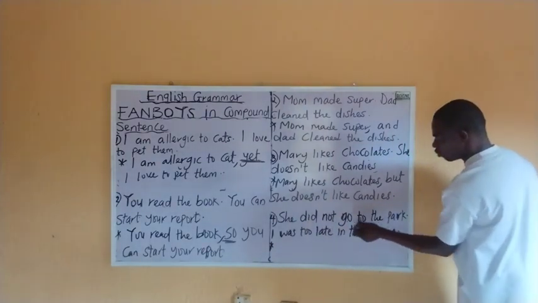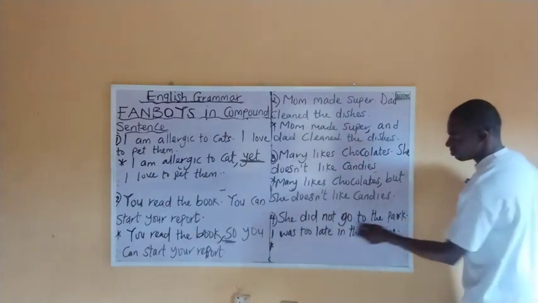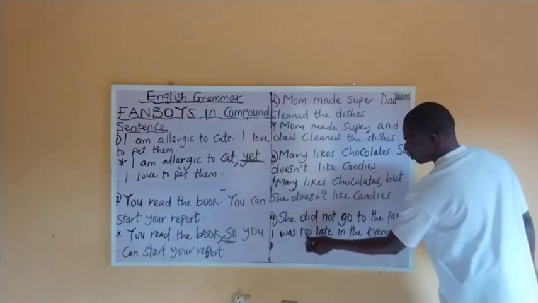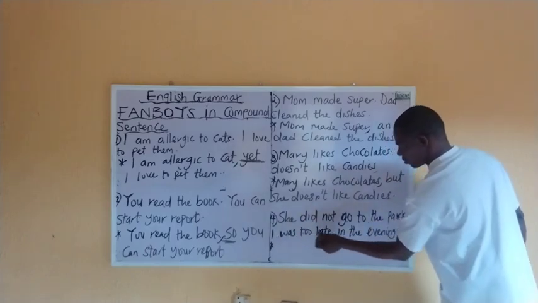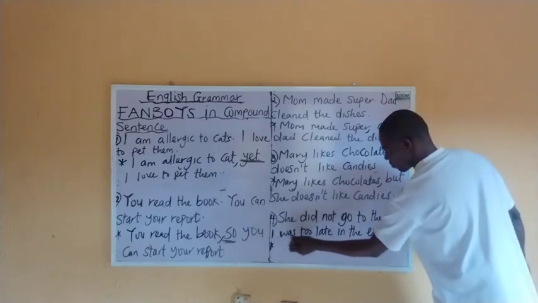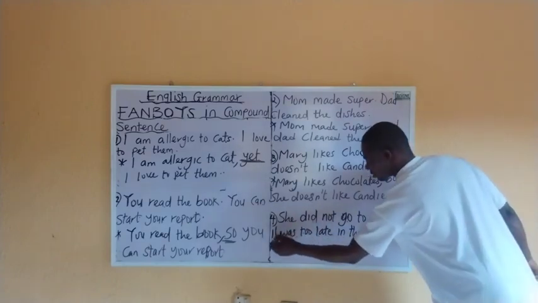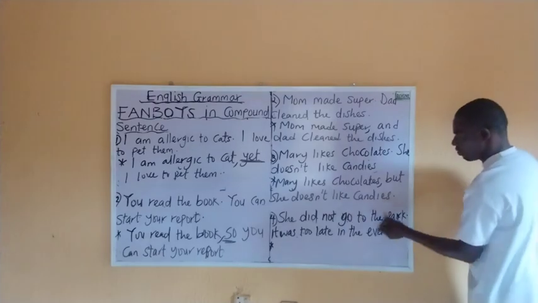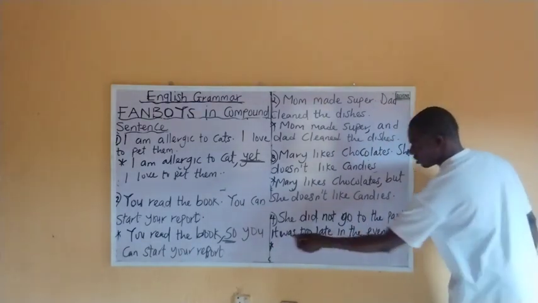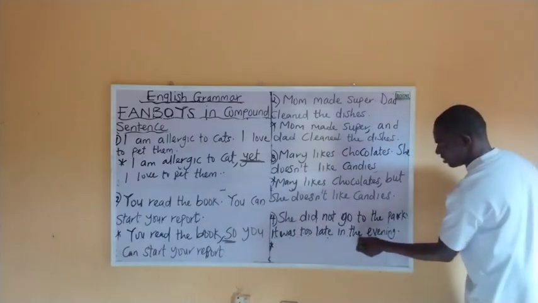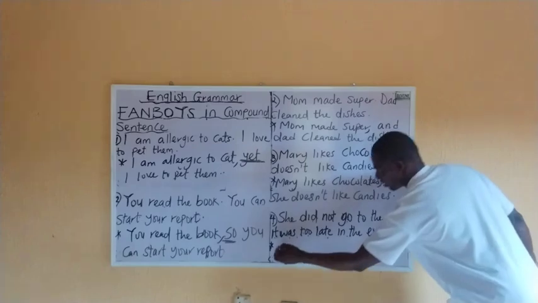She did not go to the park. It was too late. She did not go to the park, that's an independent clause. It was too late in the evening. So let's see this now.